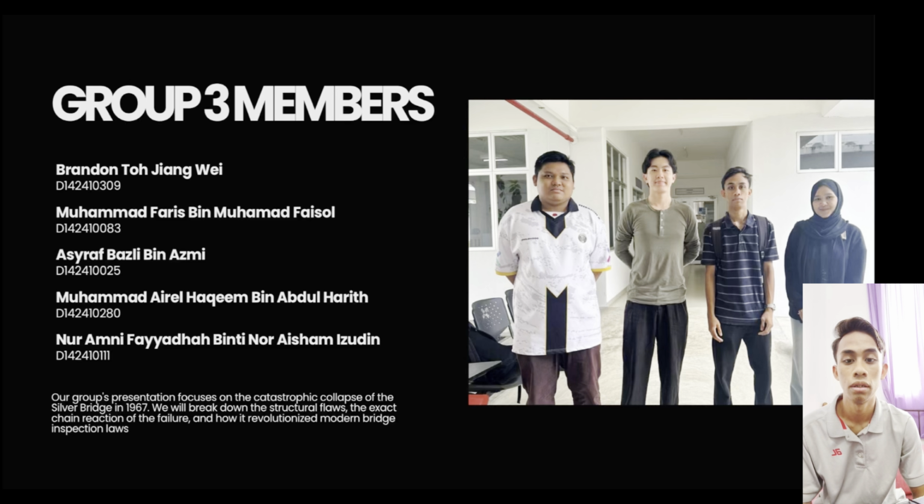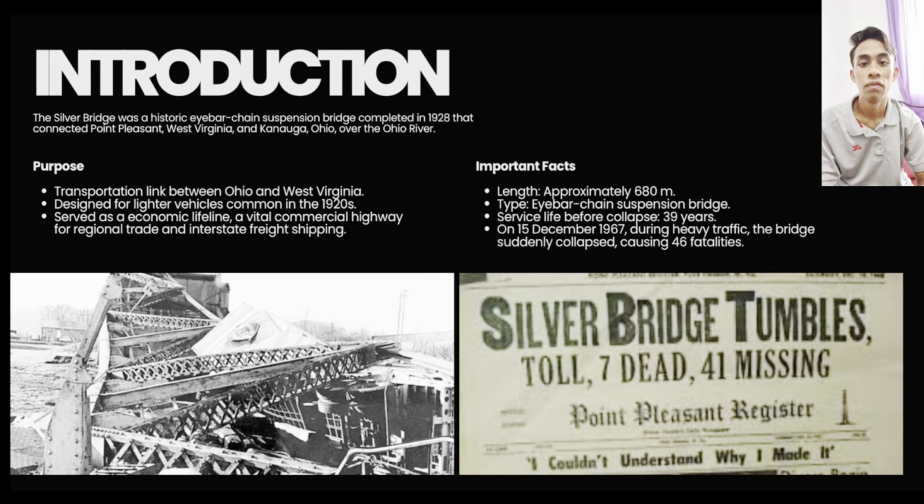The Silver Bridge was a suspension bridge completed in 1928 and constructed across the Ohio River in the United States. It connects Point Pleasant in West Virginia with Cayuga in Ohio, serving as an important transportation route between the two states.